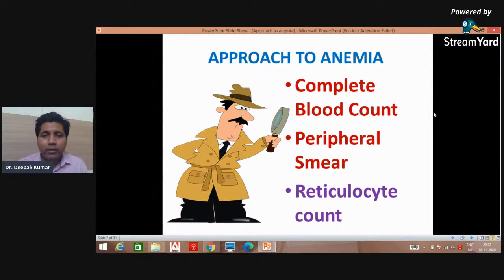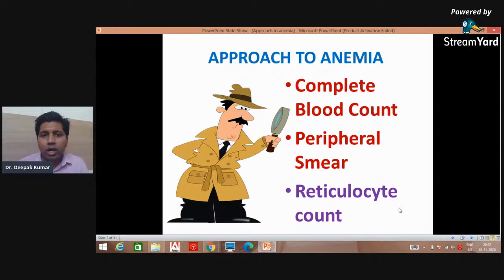So we will see how to approach this anemia in the first hand. On what you see on the slide, these are the basic things required to start the process of evaluating anemia. If you don't have any of these, then you are not doing it the way it is meant to be done. The three investigations that are absolute basics to approach an anemia case are complete blood count, peripheral smear, and reticulocyte count.